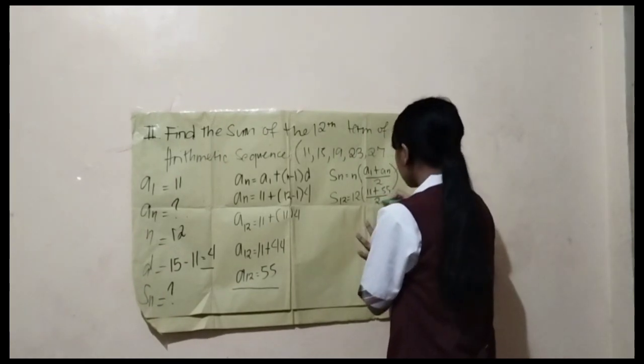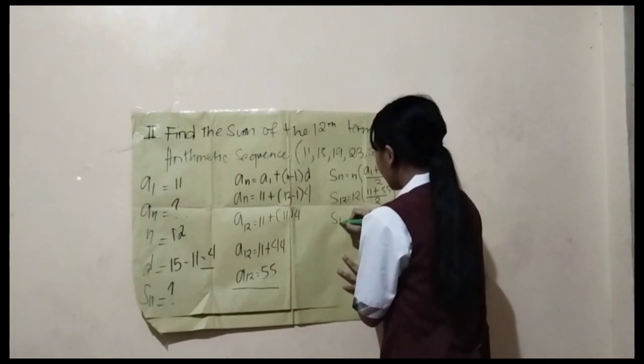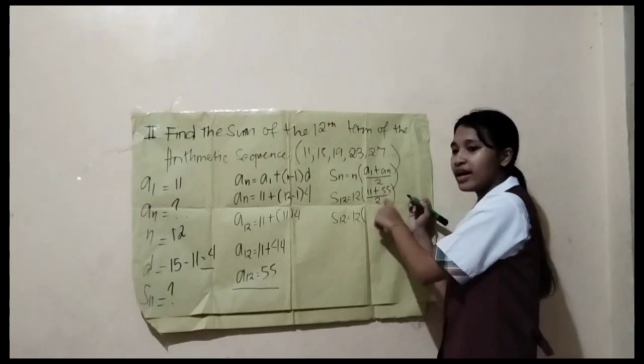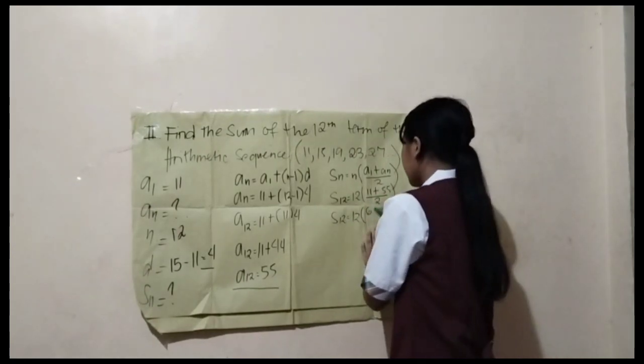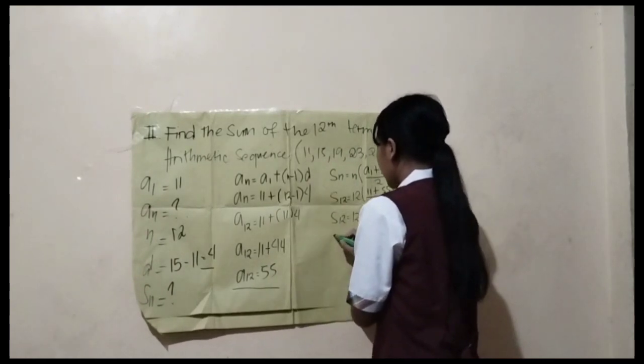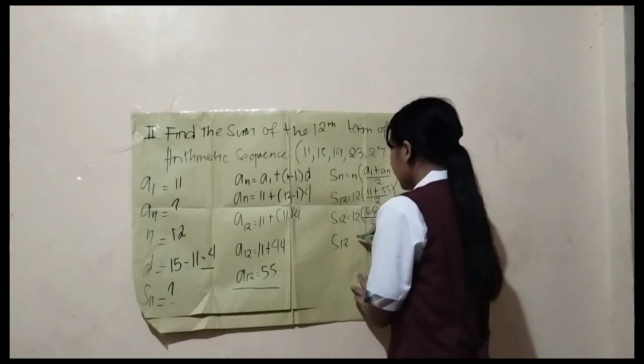Then 11 plus 55 is 66. And then copy the denominator, which is 2. S sub 12, that's 12.